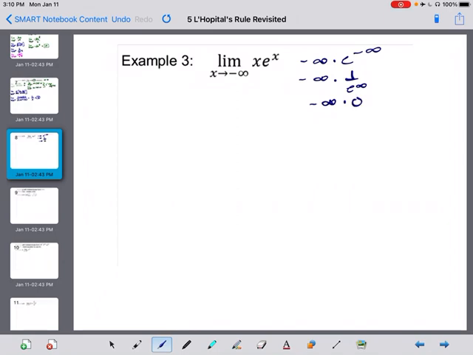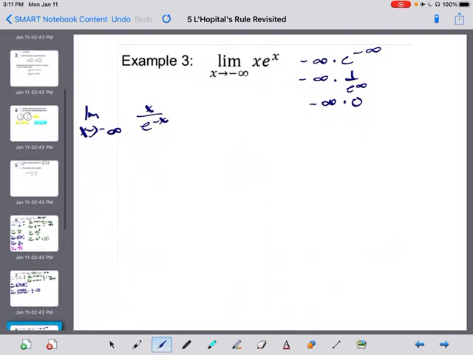The bigger the denominator gets in the fraction, the smaller the actual number gets, and it is approaching 0. So I'm thinking I will probably take the e to the negative x to the denominator, so the limit of x times e to the x as x approaches negative infinity is equal to x over e to the negative x.